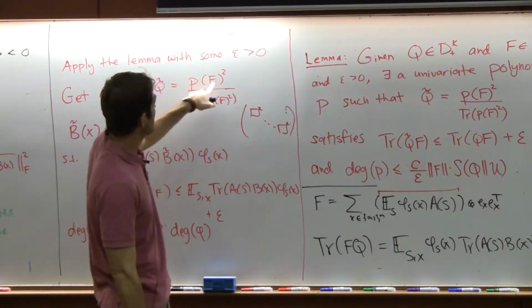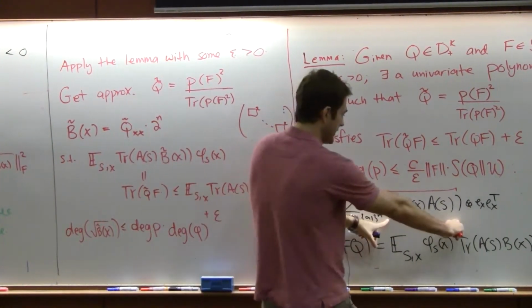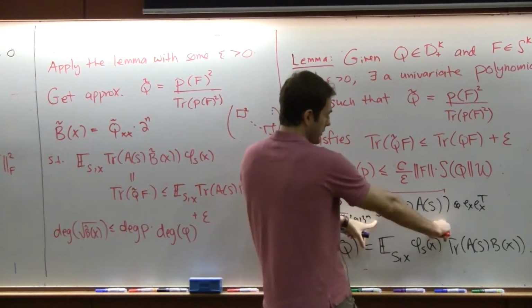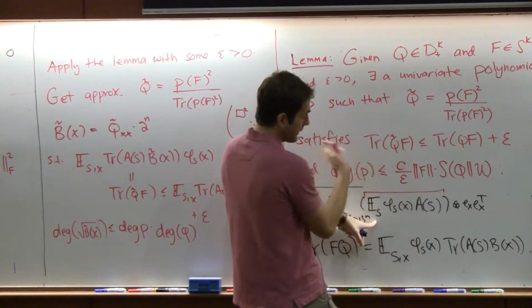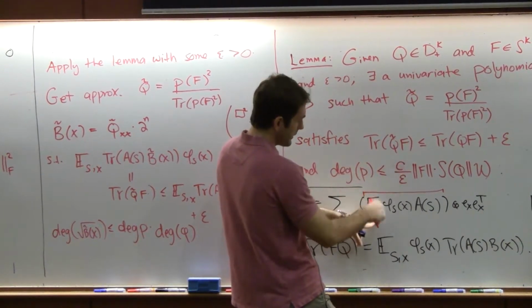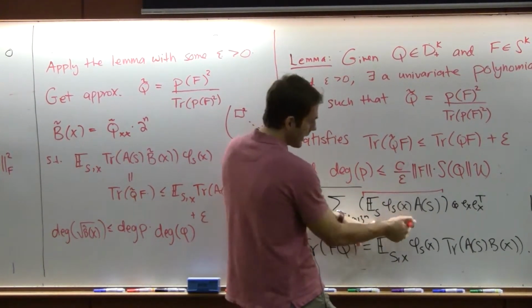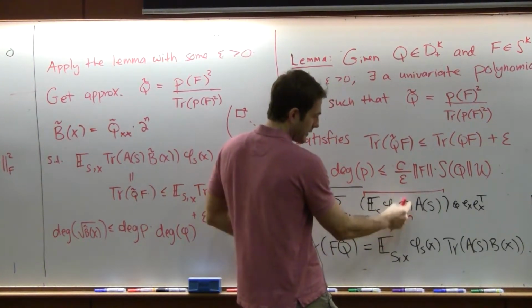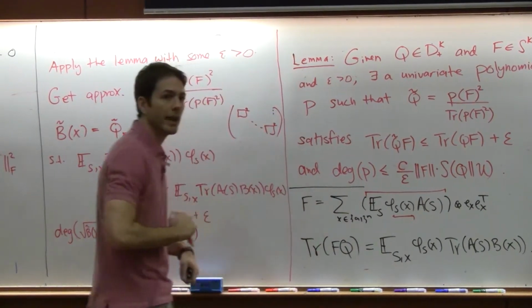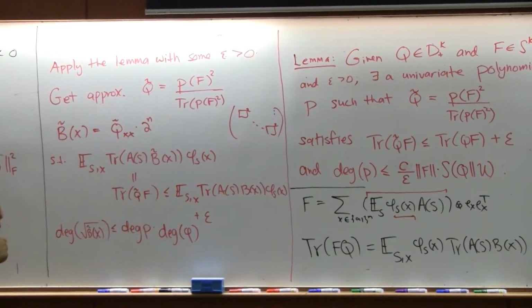They're squares of some polynomial in this expression, so some P applied to this matrix. So the total degree is at most the degree of P times the degree of this thing, and the only dependence on x here is the degree of this phi s, which is the same as the degree of phi.